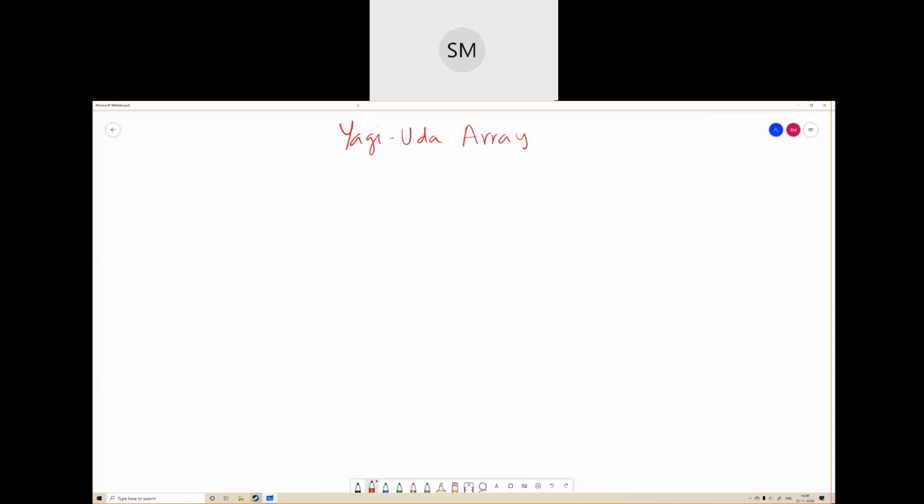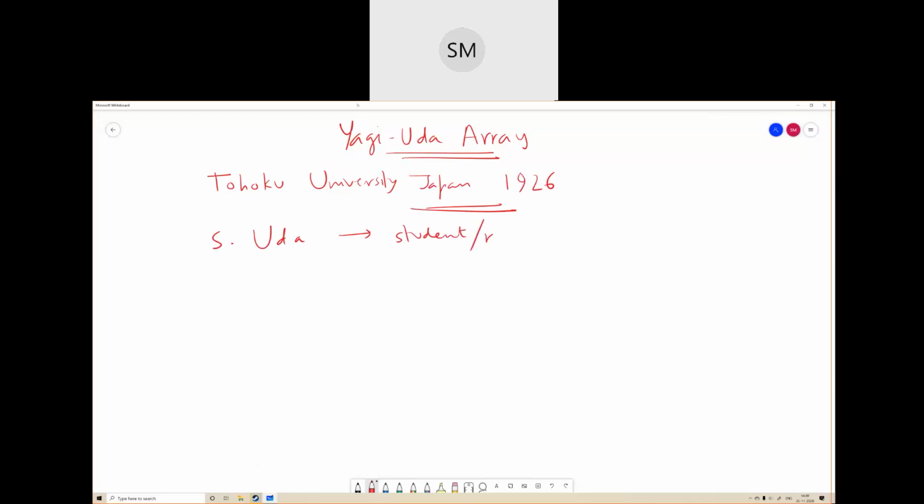This was invented at Tohoku University of Japan around 1926, and the inventors were S. Uda, who was a student or researcher, I don't remember exactly, and his professor H. Yagi. So they invented this antenna.